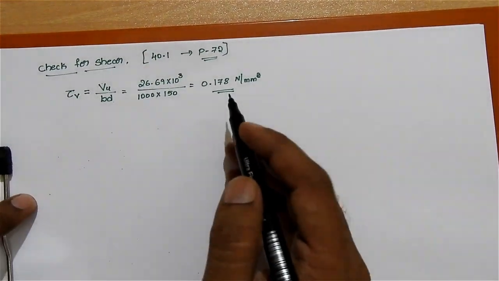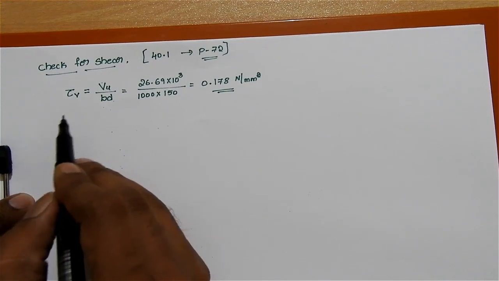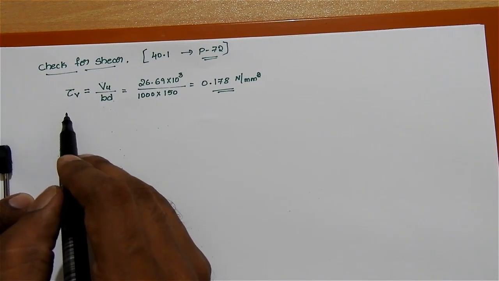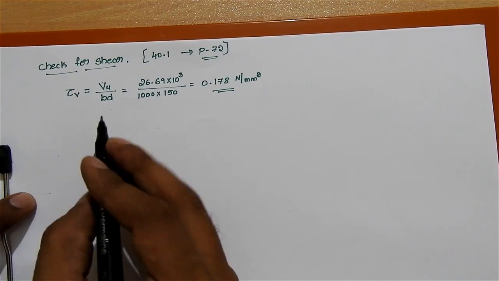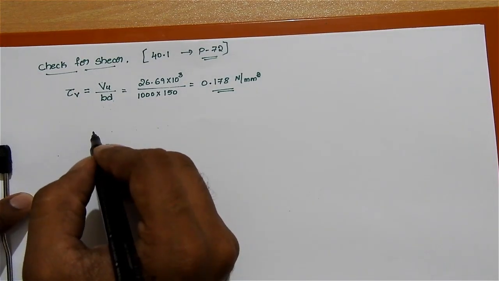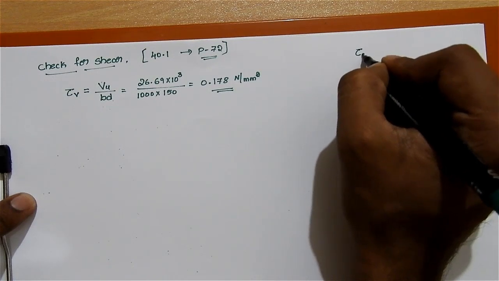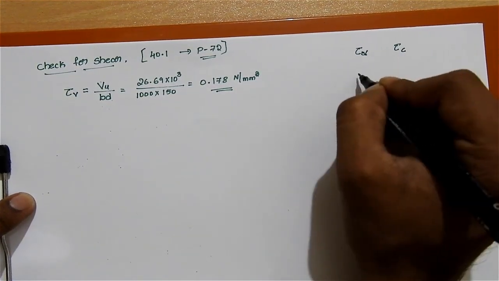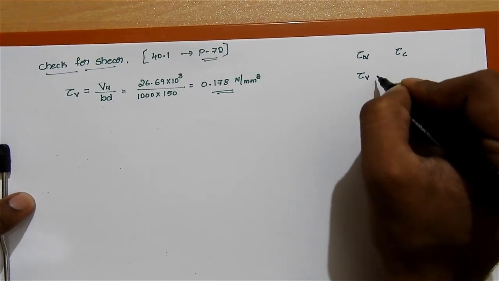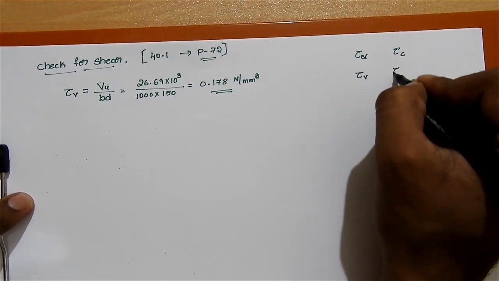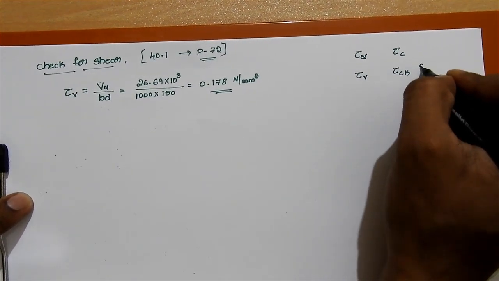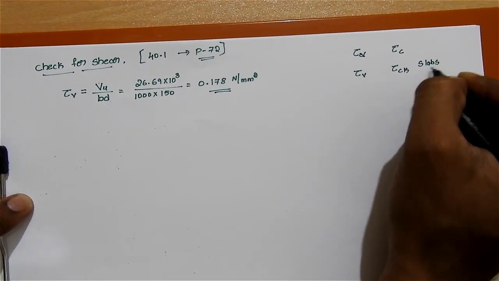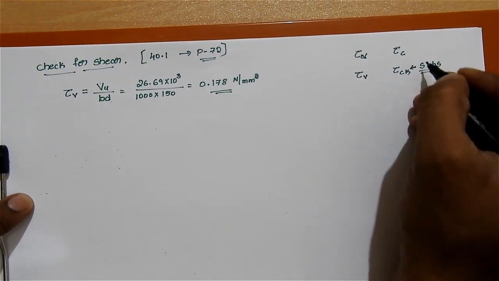Newton per mm square. But in slabs you need to multiply tau c by k. Therefore, you need to compare tau v with tau c k for slabs. For other structural elements like beams, you have to compare with tau c.